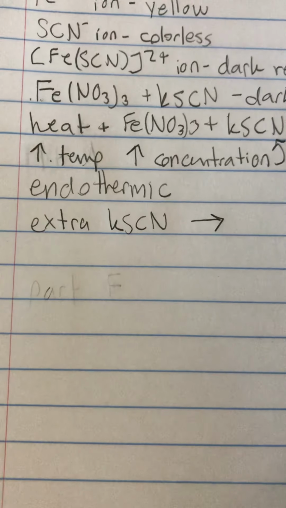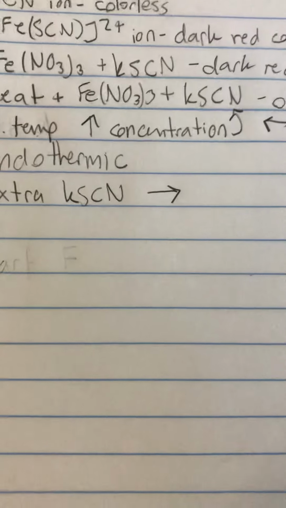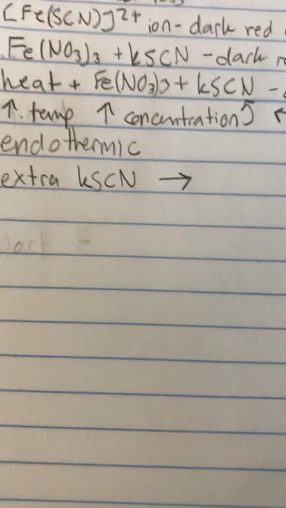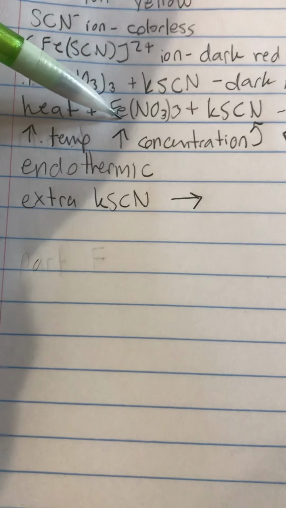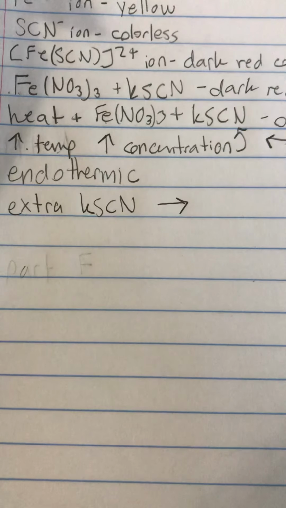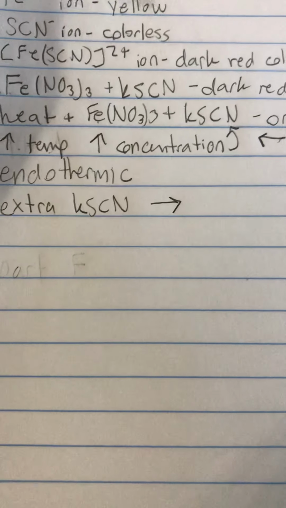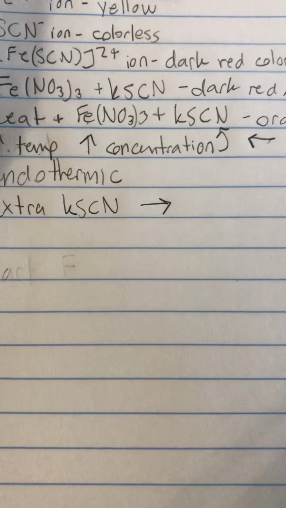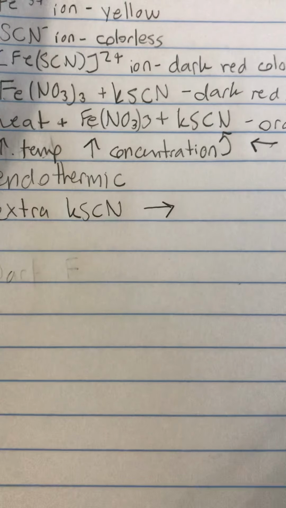And to do this, the extra KSCN needed to react with the FeNO3 to create more product, and the mixing of these two resulted in the scarlet color we got before.